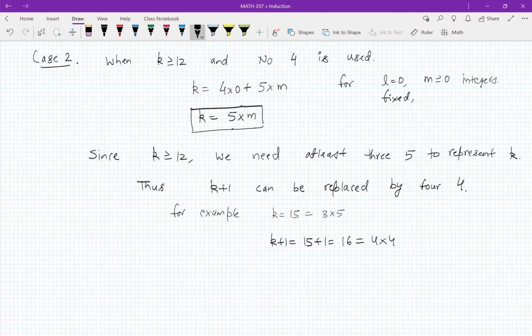This is an example: k could be 15, which can be represented by three 5s. So k plus 1 becomes 15 plus 1, which is 16, and 16 can be represented by four 4s. And by using this fact, we can say our statement P of k plus 1 is true.